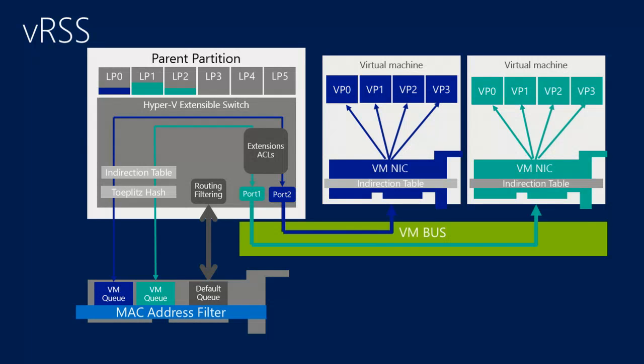So to take advantage of VRSS, your network adapter does have to be VMQ capable, and VMQ has to be enabled, because we use that underlying capability to do the RSS spreading inside of the vSwitch. And then the second change you'll see is inside of the VM, you're now using multiple VPs rather than being stuck to just one.